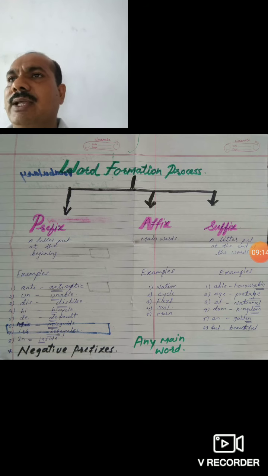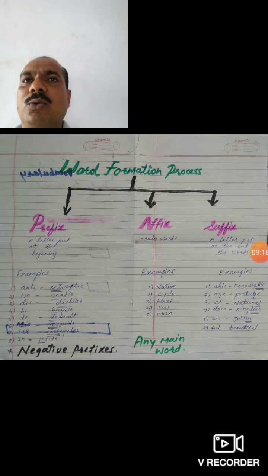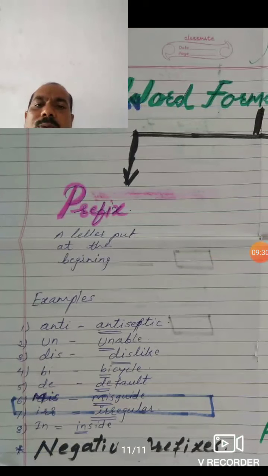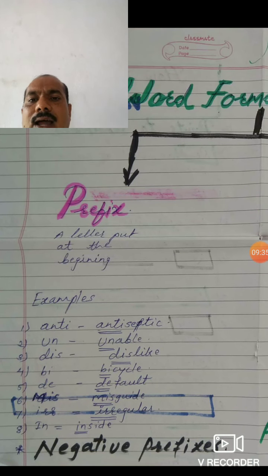Here I am going to tell you, friends, if you want to make negative words, then the prefix process will help you. For example, the syllable anti is joined to septic, then the opposite word is created, antiseptic.